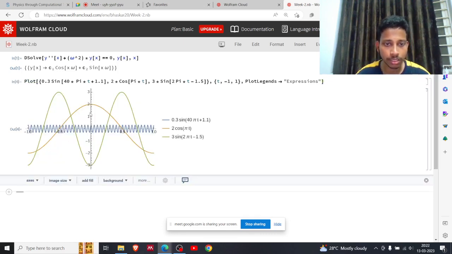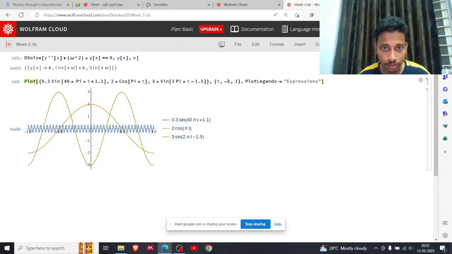So here you can see that for 0.3 sine 40 pi t plus 1.1, we got the amplitude as 0.3. The oscillation is not big, but the frequency is very big, because the frequency we got was 20 hertz, and there is a phase of 1.1.